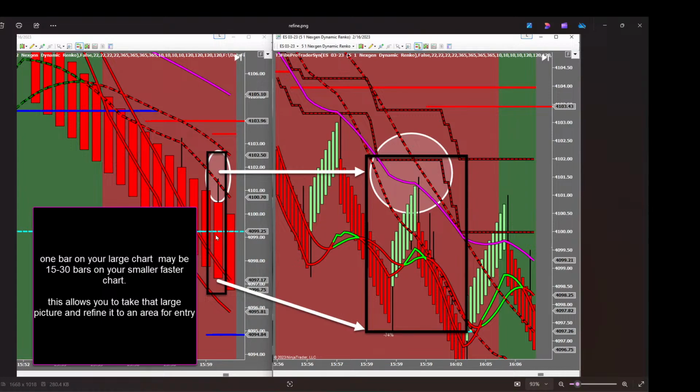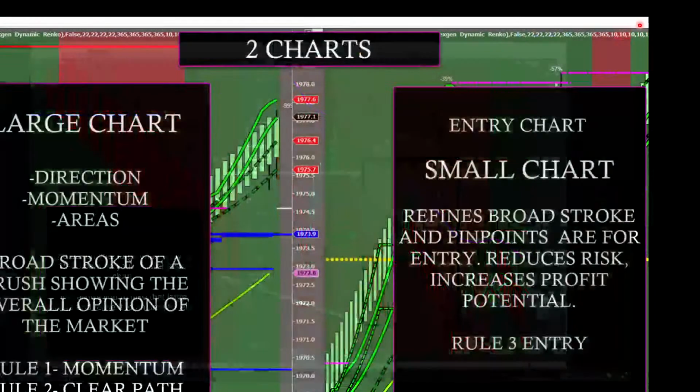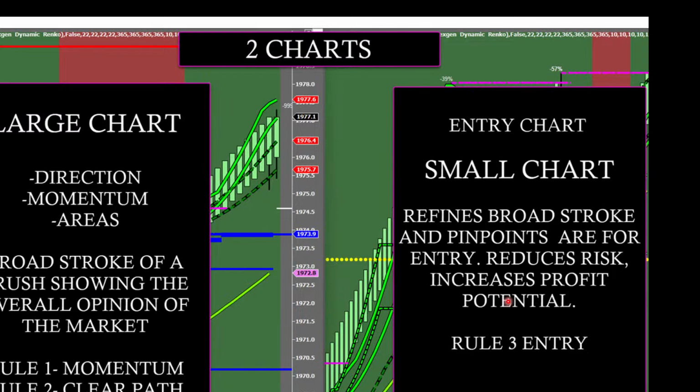So when the large chart has momentum, when the large chart has a clear path, you'll be able to see all this movement on the small chart to be able to pinpoint your area for entry, to take that best of the best entry. And that's what allows you to reduce your risk. That's what allows you to maximize your profit potential. So rule number 3 is for entry, and rule number 3 is specific to the high probability trend trade. And there's just no reason to even look at this chart until the first two rules are met.